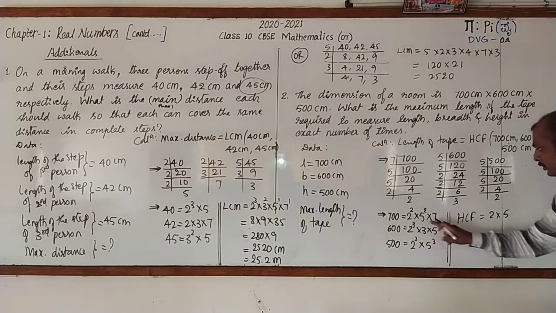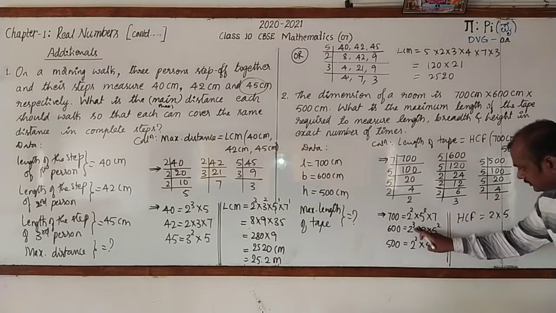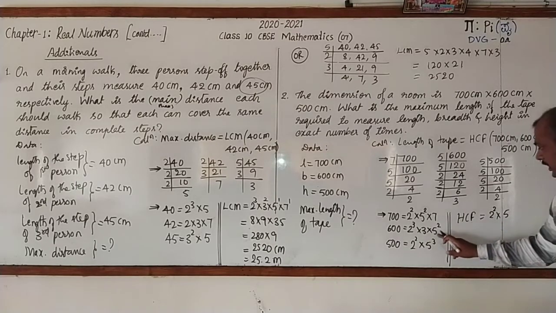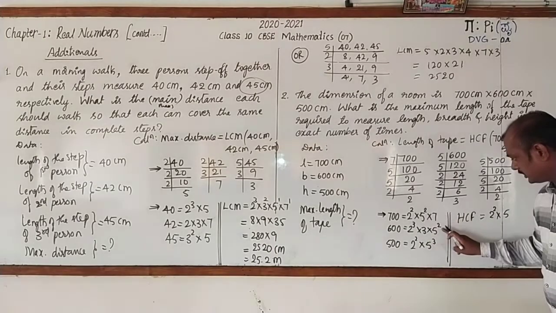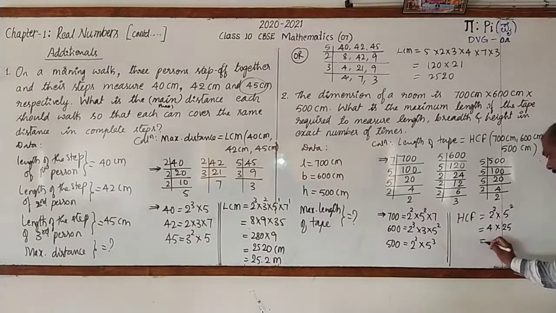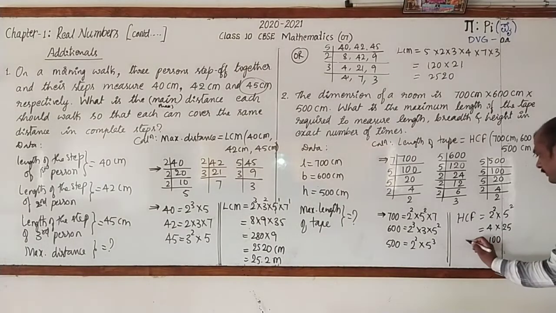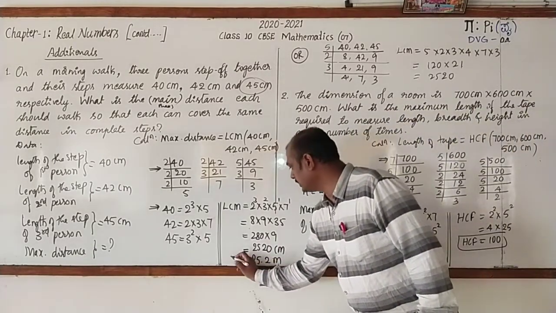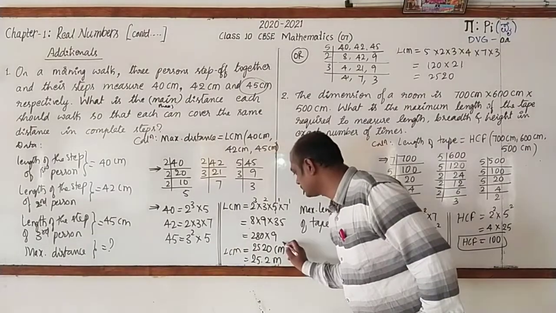What is the least power of 2? Here 2 is there, 3 is there, here 2. Then what is the least power of 5? 2 is there, 3. So 2 square, what is 2 square? 4. 5 square? 5 5s are 25. 25 4s are 100. Clear? HCF is 100.